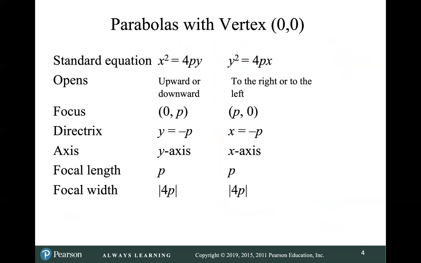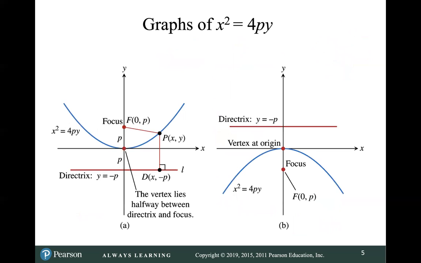Let's look at some graphs. If we have our x squared, that means it's going to be opening upward and downward. Our focus is (0, p). So our focal length here is p. Then we have our focal width across, which is 4p, or absolute value of 4p.